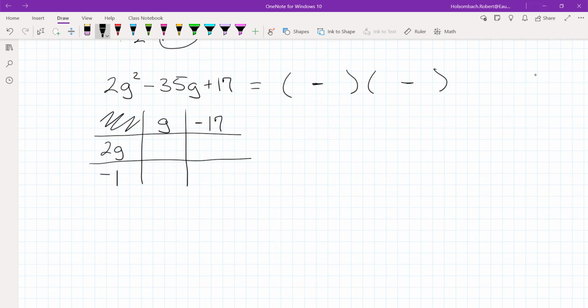So let's check this. 2g times g is 2g squared. G times negative 1 is negative g. And 2g times negative 17 is negative 34g. Negative 1 times negative 17 is positive 17.